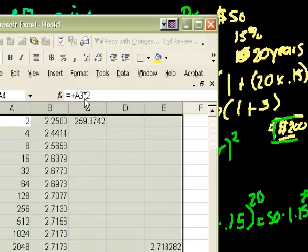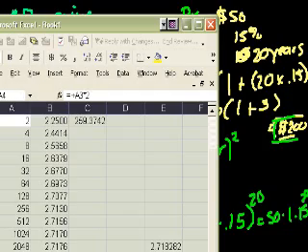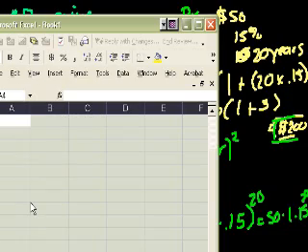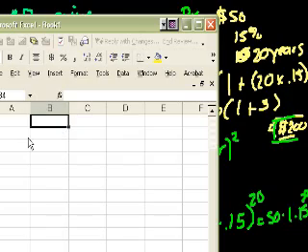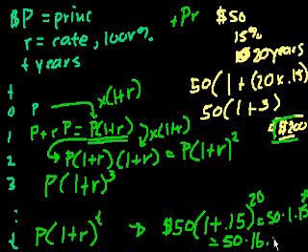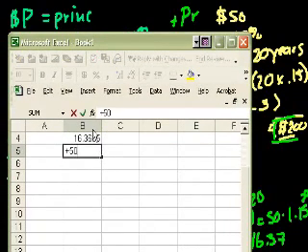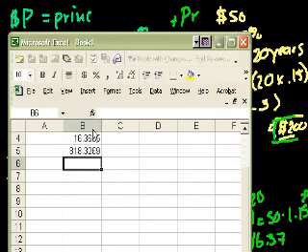Let me clear everything. Okay, so I just want 1.15 to the 20th power, and you could do this with any calculator. 16.37, let's say. So this equals 50 times 16.37, and what's 50 times that? $818.